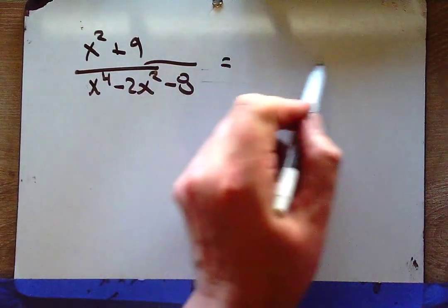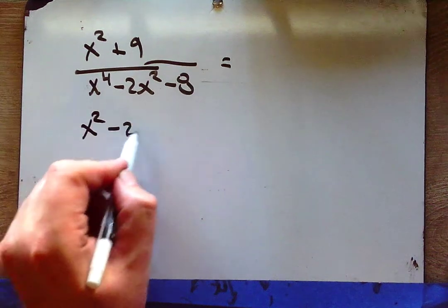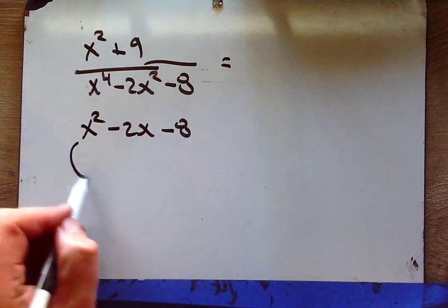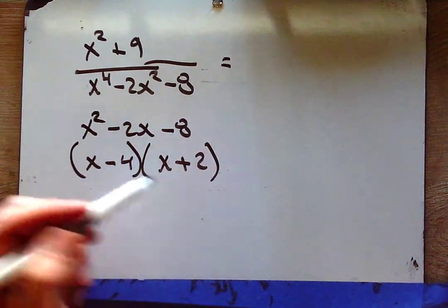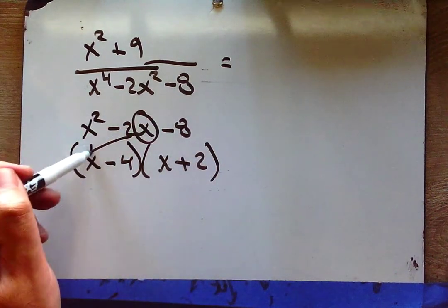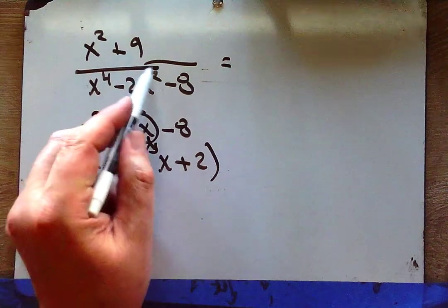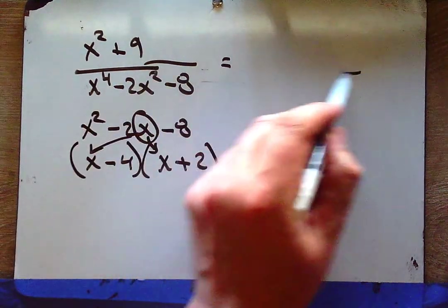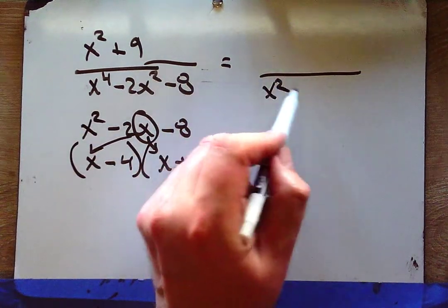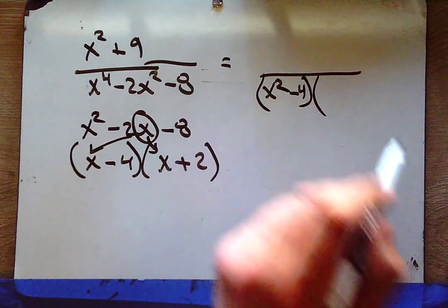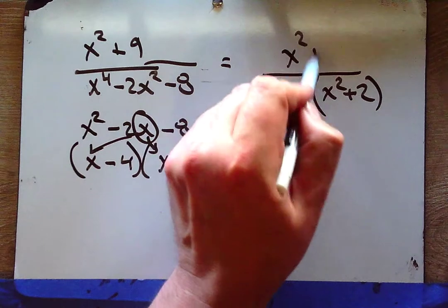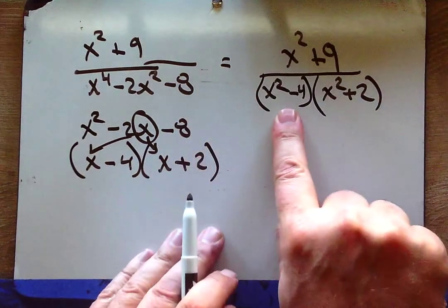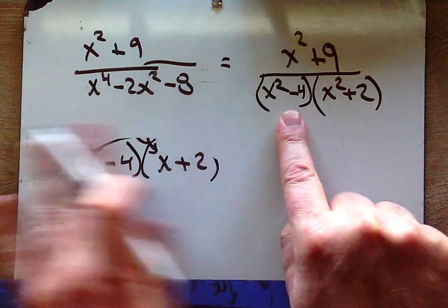It's supposed to factor the same way x squared minus 2x minus 8 factors, which is x minus 4, x plus 2. But instead of this becoming x and x, ours need to be x squared minus 4, x squared plus 2. Now, that we can take further.